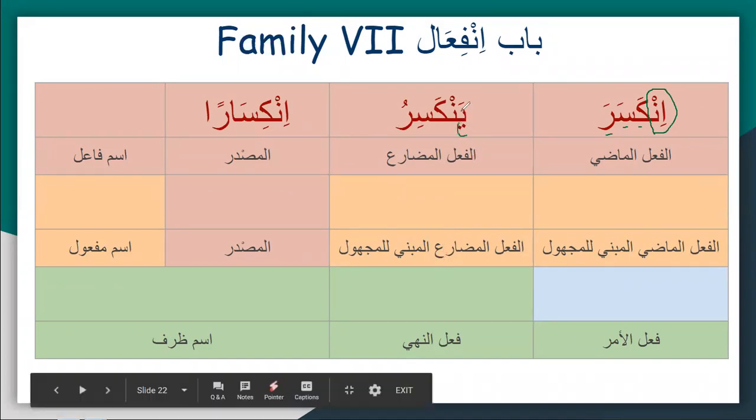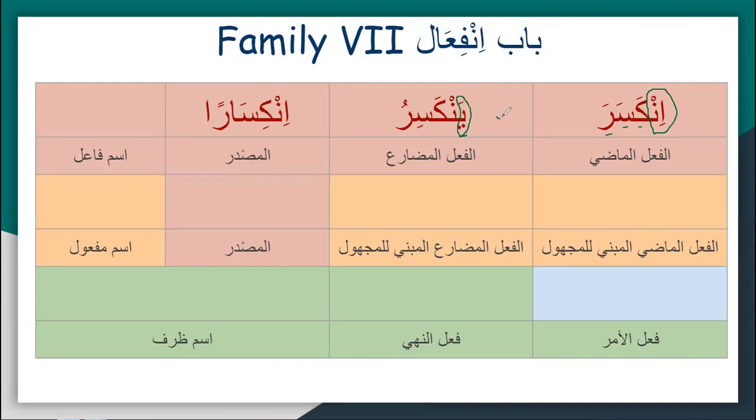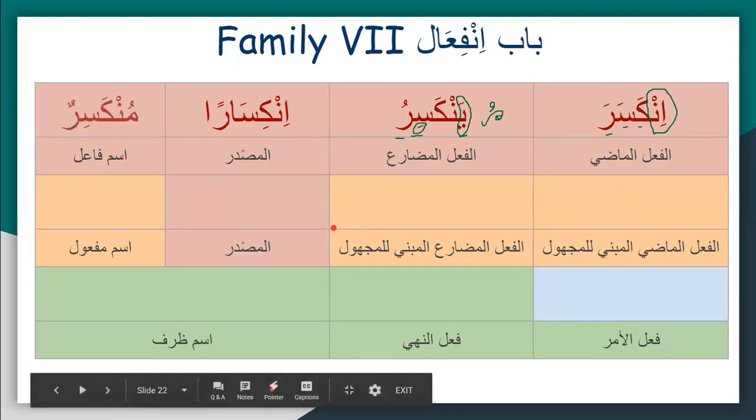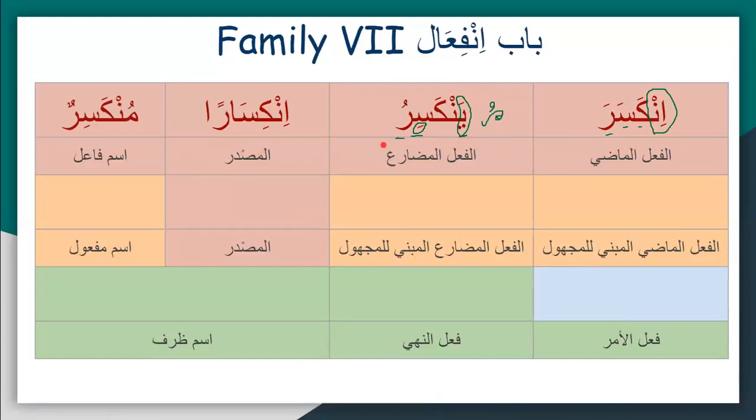Just change the ya to mu, and the second last letter gets a kasra. So what does the ism fail become? Munkasirun. Inkasara yankasiru inkisaran fahuwa munkasirun.